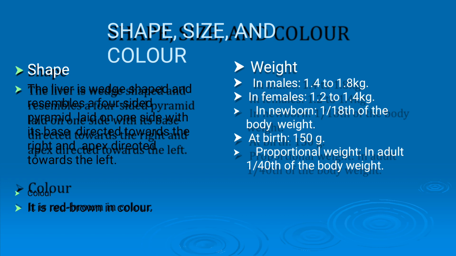That means if your weight is 70 kg, the liver is 1 by 40 of the body weight, like 1.4 to 1.8 kg.